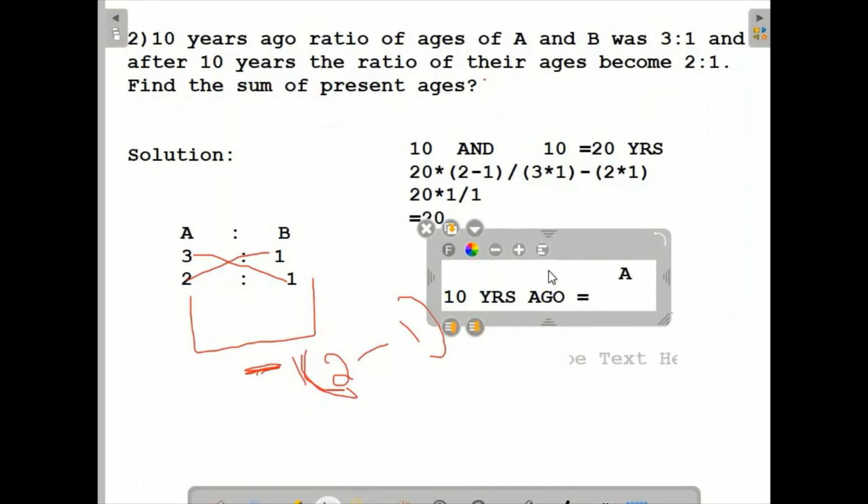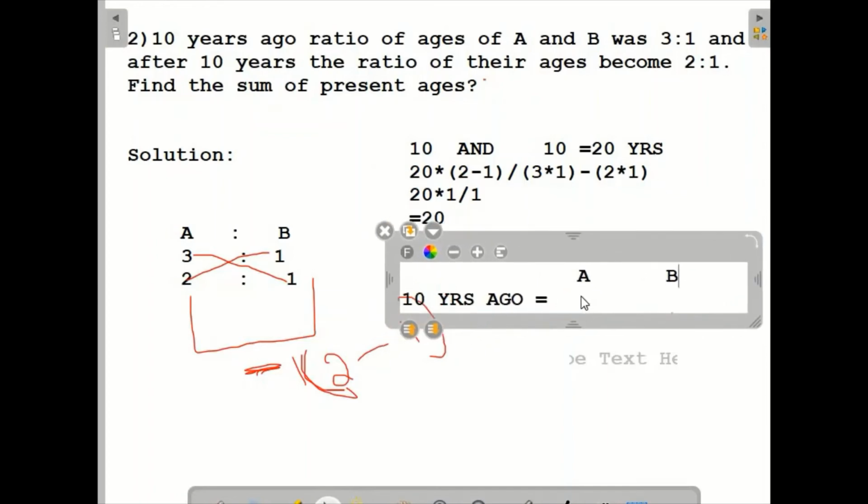So for A, for B. So for A it is 3 into 20. For B it is 1 into 20.